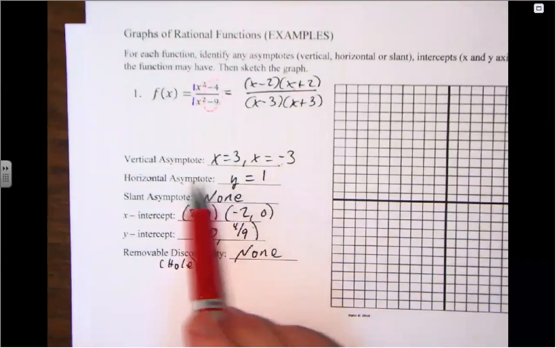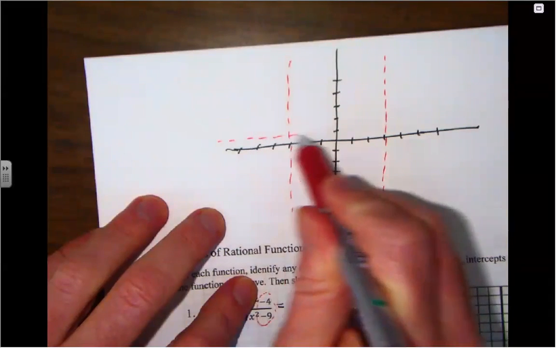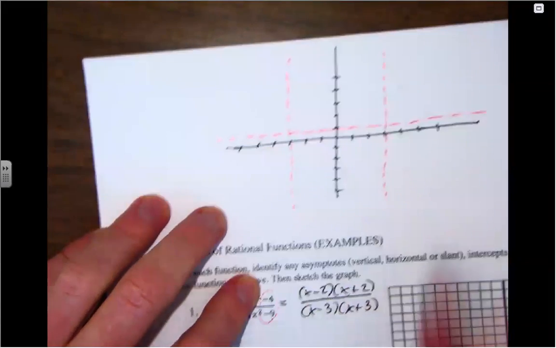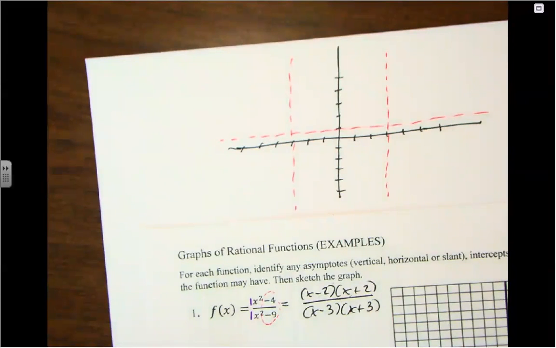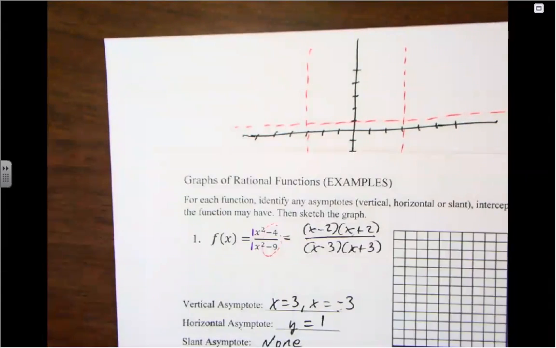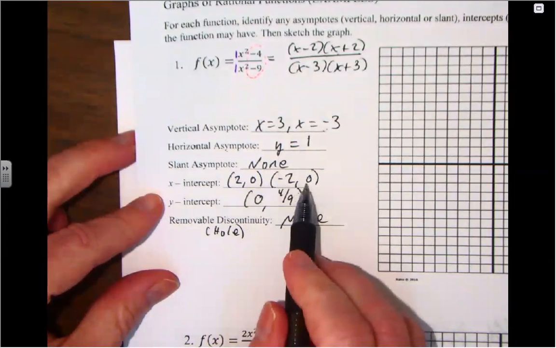My horizontal asymptote is y equals 1. So I go to 1, just go straight across here, something like that. Okay. Now for my points, I have a couple of X-intercepts, (2, 0) and (-2, 0).